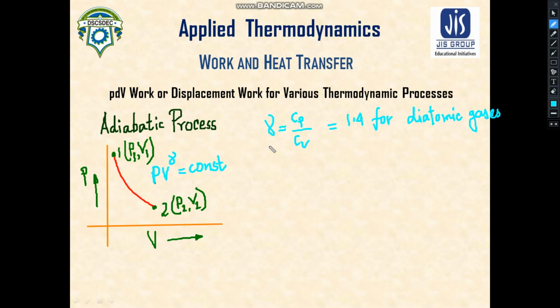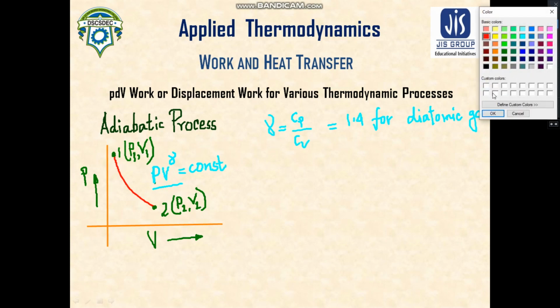I have told you earlier, adiabatic process means that there is no heat transfer going on. According to the pressure volume relationships, it maintains a relationship of PV to the power gamma equal to constant.